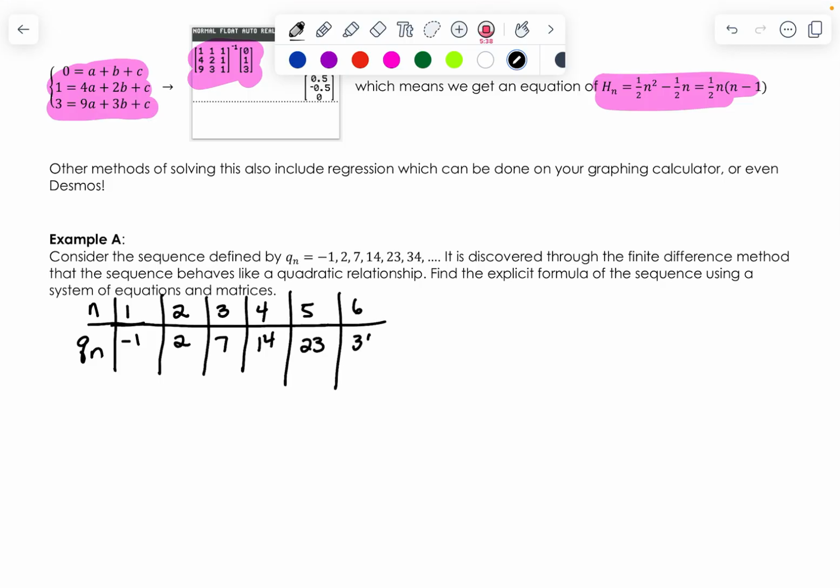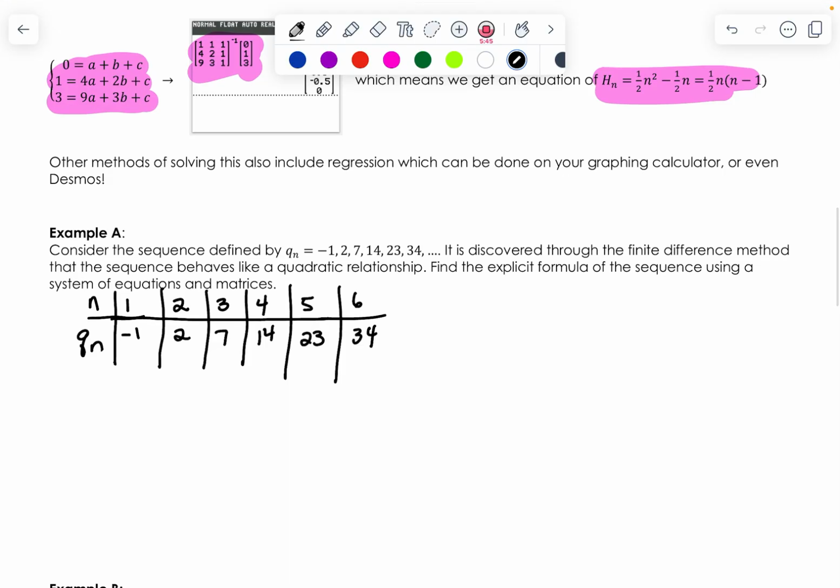And the sixth term is 34. So if you did the difference, oops, sorry, it's 5, 7. And so you can just verify that that is in fact quadratic.